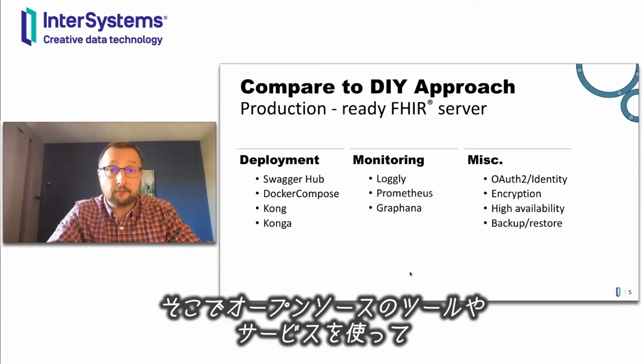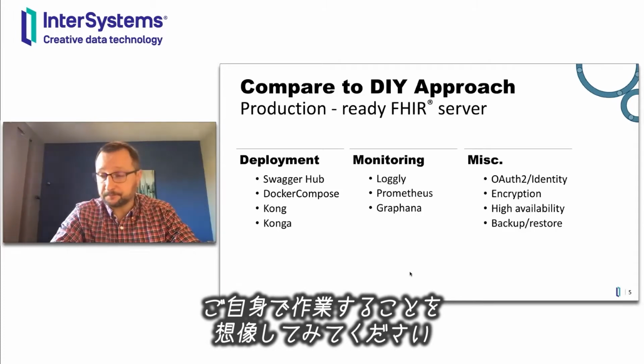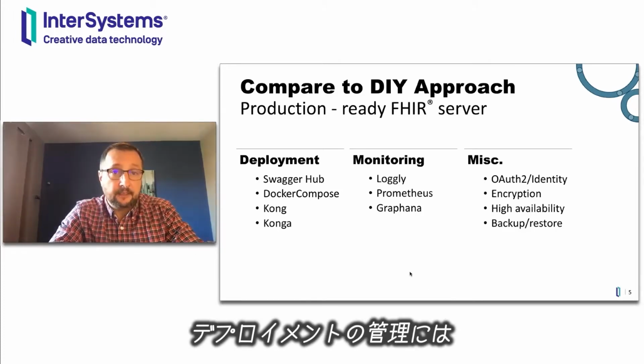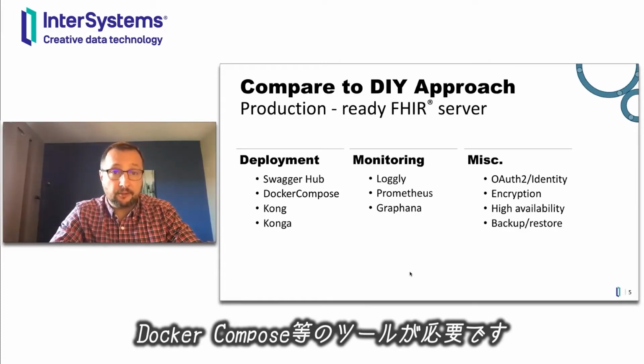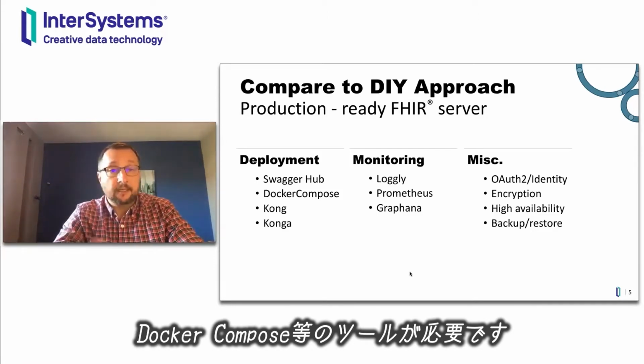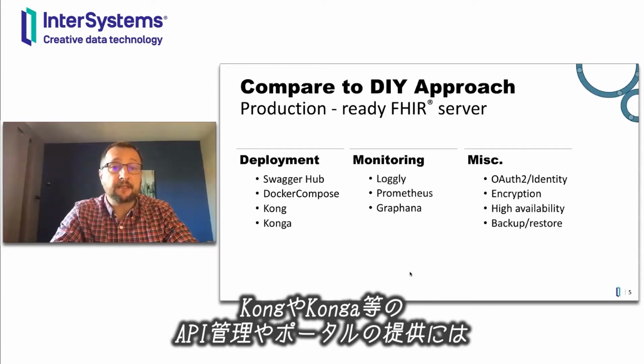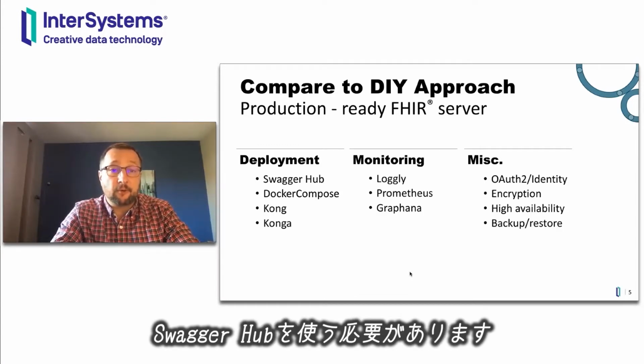So let's imagine you want to do that yourself using some combination of open source tools and services. To manage deployment, you need to work with tools like Docker Compose. You need to use Swagger Hub to provide your API management and API portal.